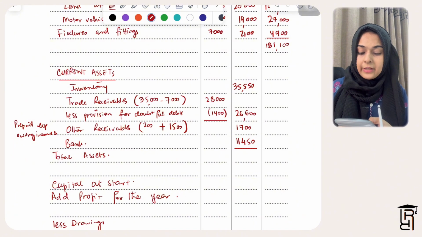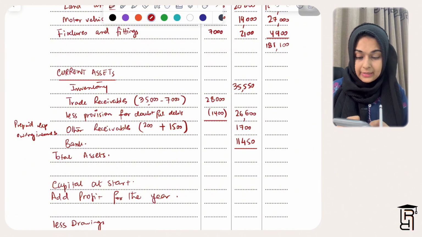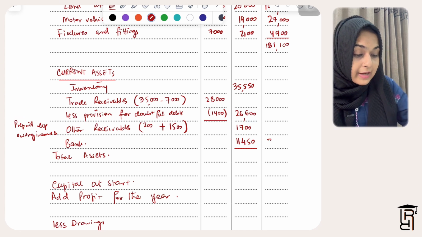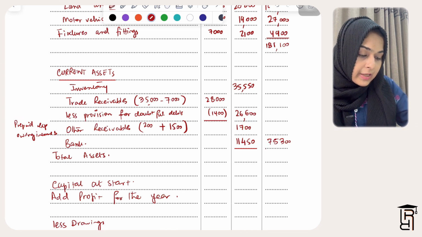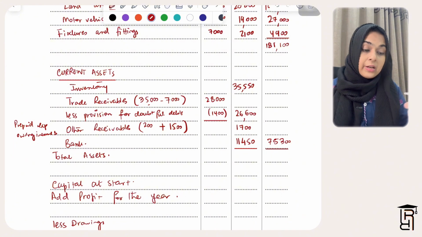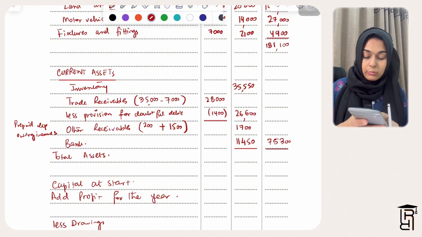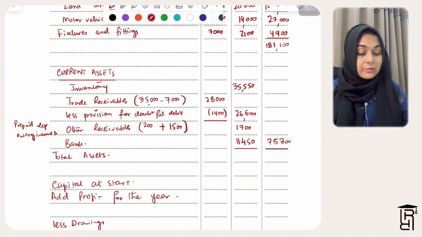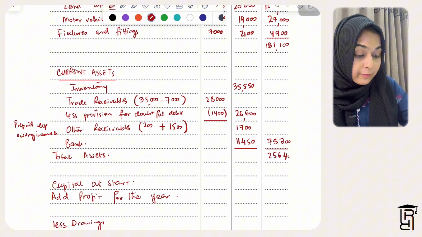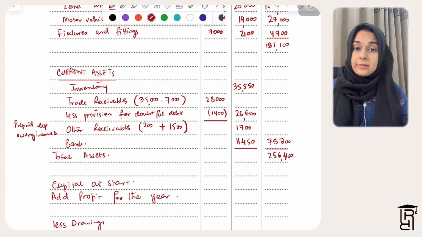So 35,550 plus 26,600 plus 1,700 plus 11,450 is going to be my total current assets here, 75,300. And then when you add 75,300 with 181,100, this is going to be 256,400. This is my total assets.